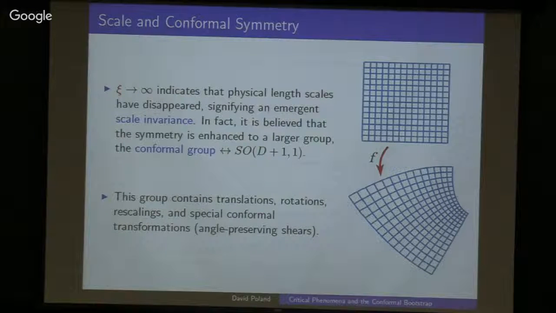So what is the conformal group? The conformal group consists of all the transformations you can do to a grid of lines, which preserve angles, so which take 90-degree angles to 90-degree angles. So in particular, you can translate this grid, you can rotate this grid, you can zoom in or zoom out of this grid, or you can start shearing it in a way which preserves 90-degree angles. And these are called special conformal transformations, these angle-preserving shears.